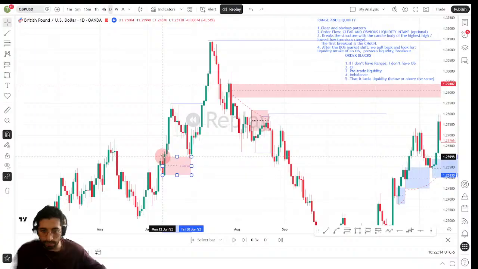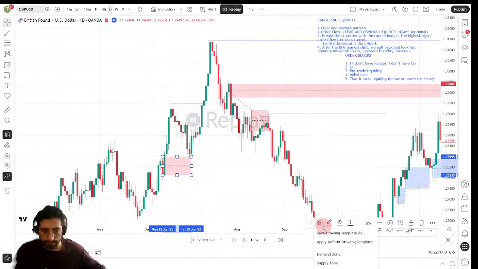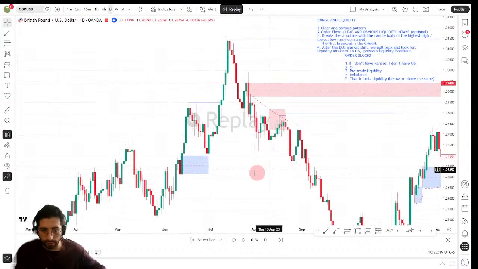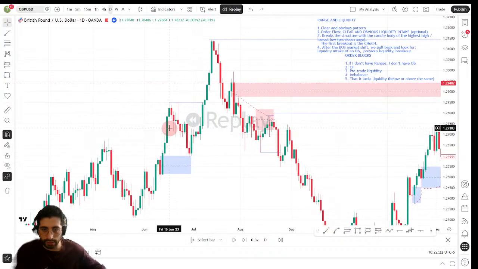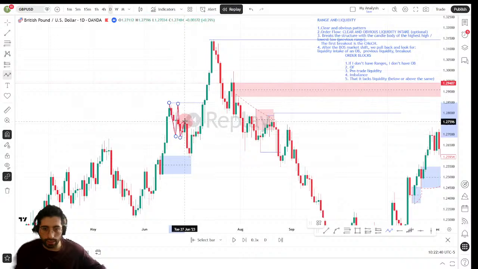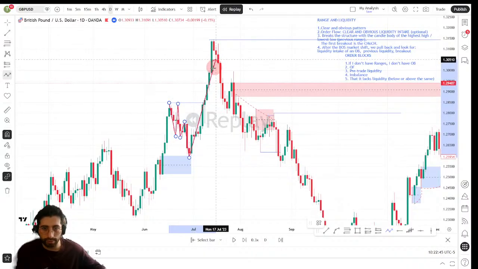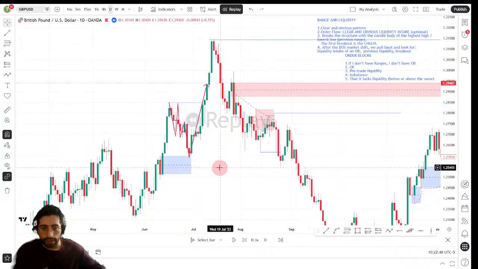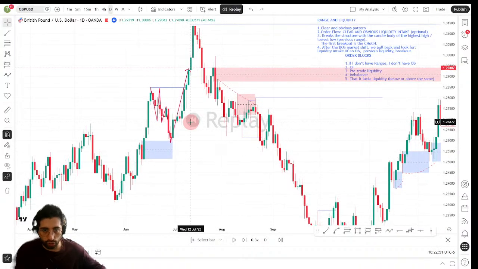Now, the thing here is, would you determine this as a pattern? This has a pattern: high, low, high, low, high, low. It means that it takes the liquidity of this high, these lows, and boom, breaks it with the body of the candle. It's fine. It's good, right?